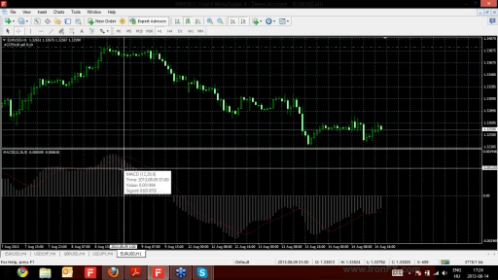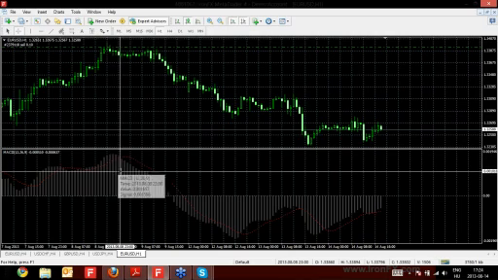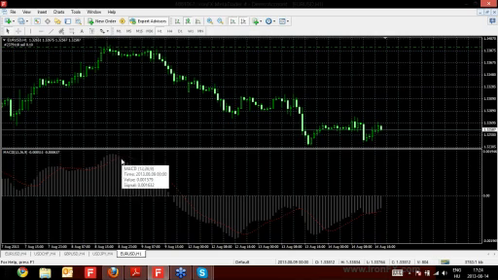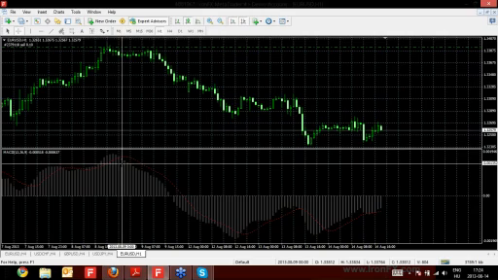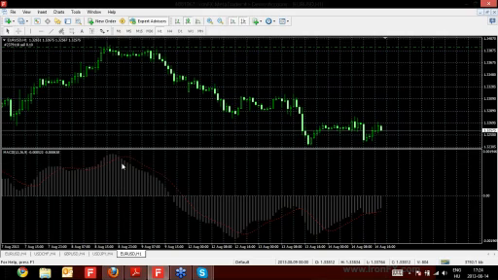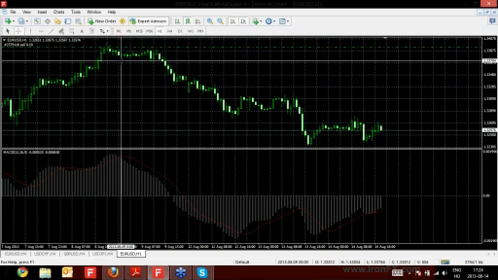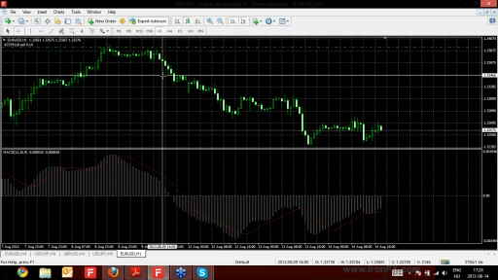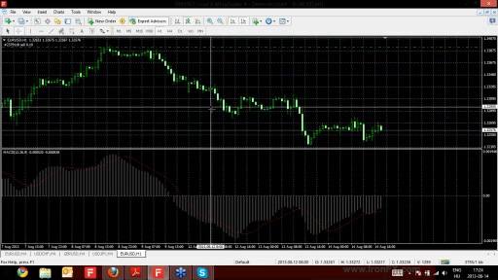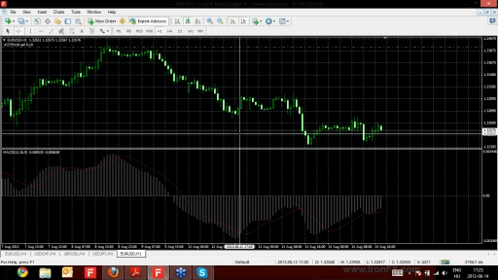So if there is a cross, like the histogram here at this point going under the signal line, this can signal you a bearish momentum. As you can see on the chart, it gives you the bearish momentum, and the bearish momentum is about to end right here at this close price.